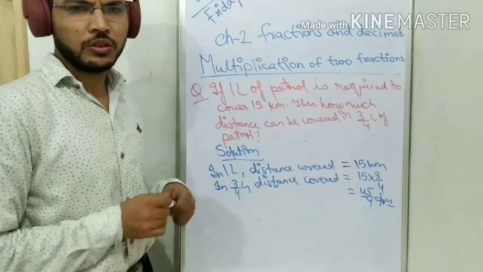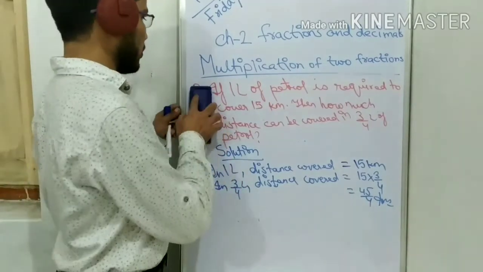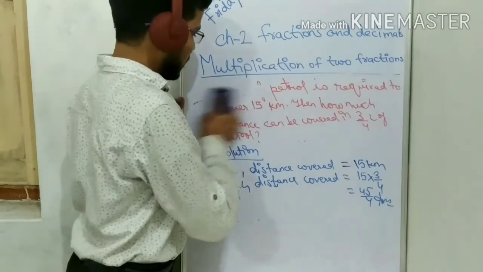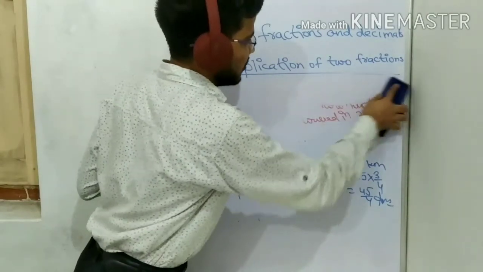You can do it. There are some questions in your textbook which you have to do. So I am moving forward to the next type of problems, that is multiplication with mixed fractions.